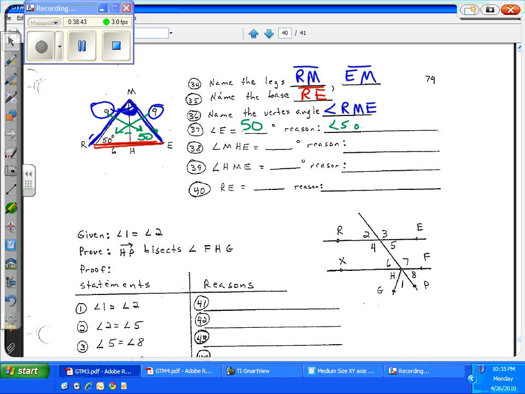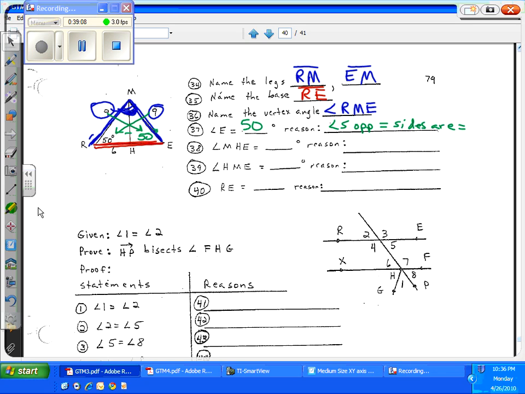Angles opposite equal sides are equal. I hope I said that right. I say that backwards sometimes. Angles opposite equal sides are equal. We know that sides opposite equal angles are equal. And sometimes I say one when I'm thinking the other one.